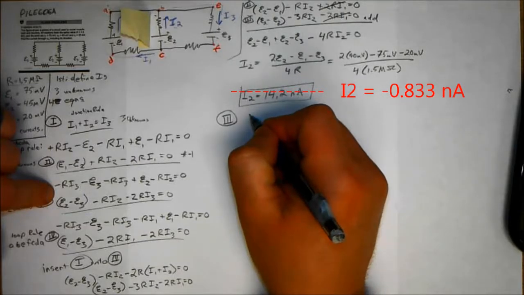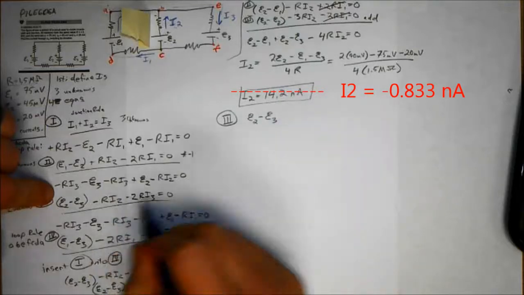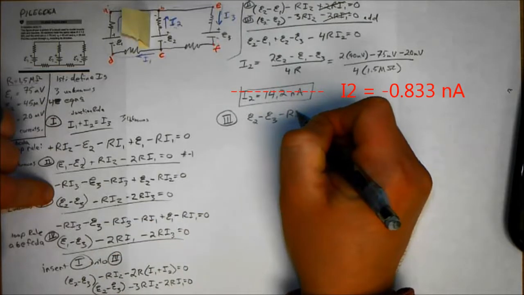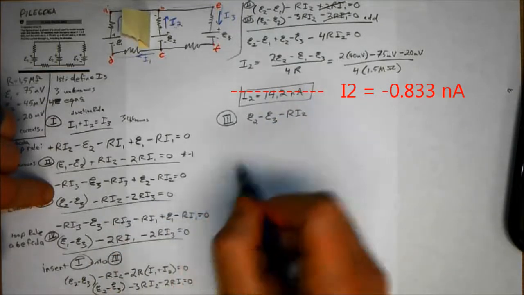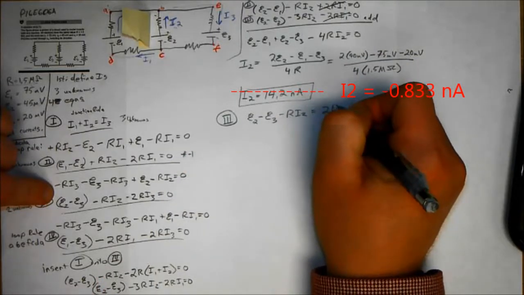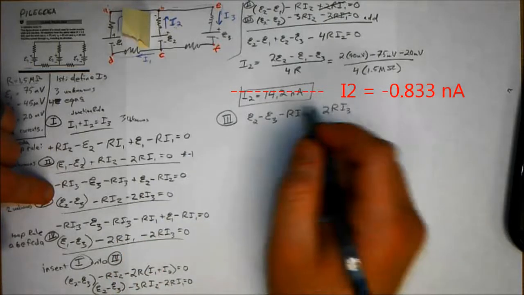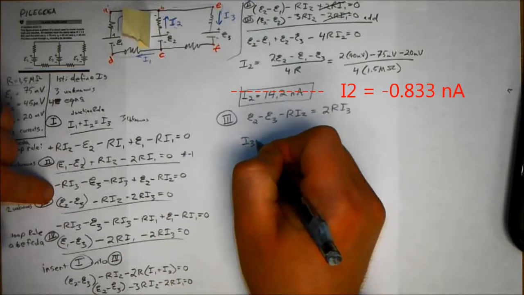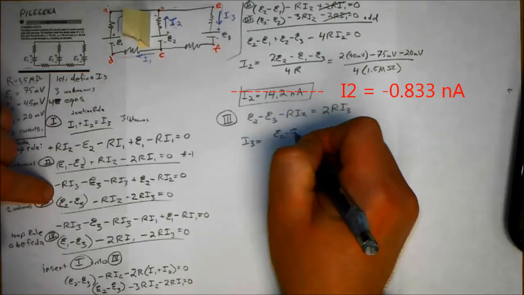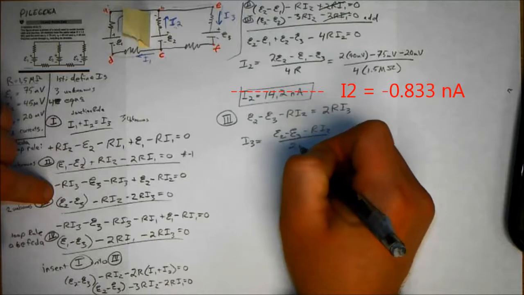So E2 minus E3 minus RI2, and I'll move that whole I3 term to the other side. So that's 2RI3. So then I3 is equal to E2 minus E3 minus RI2 over 2R.